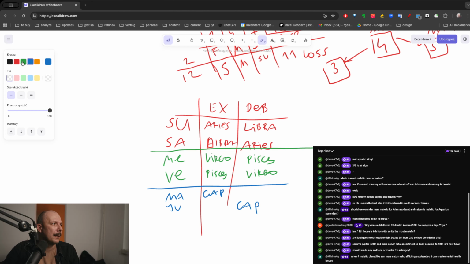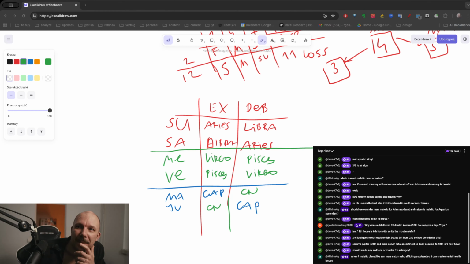And Mars is debilitated in Cancer, and Cancer is the exaltation sign for Jupiter. So Jupiter loves Cancer, whilst Mars hates Cancer, right? So there must be something in these two guys which is giving them totally different things, right?